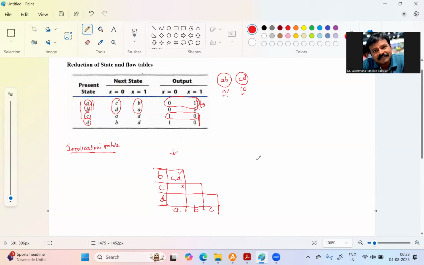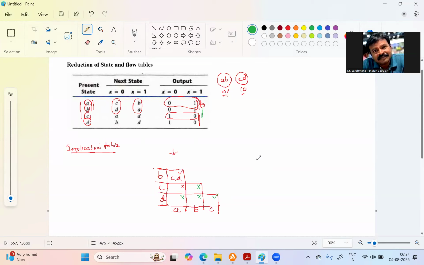Similarly, B and C also have different outputs, so this cannot be a pair. Then AD has a different output, so it cannot be a pair. BD also has a different output, so it cannot be a pair. Then C and D have the same output, so it may be a pair. Already AB is a pair and CD is a pair.